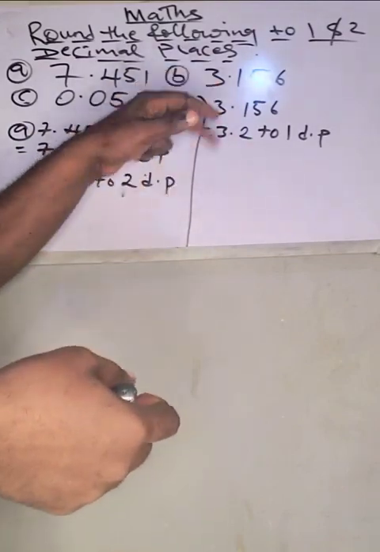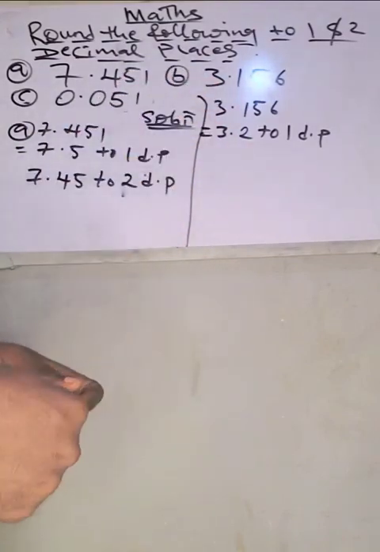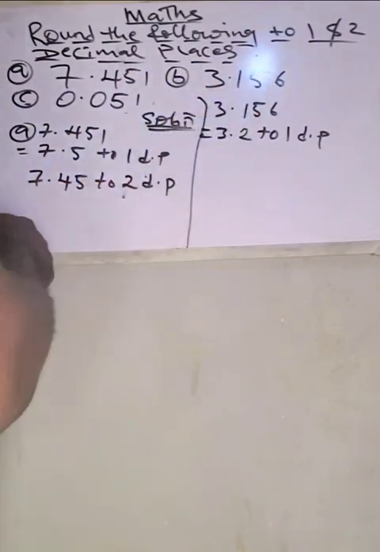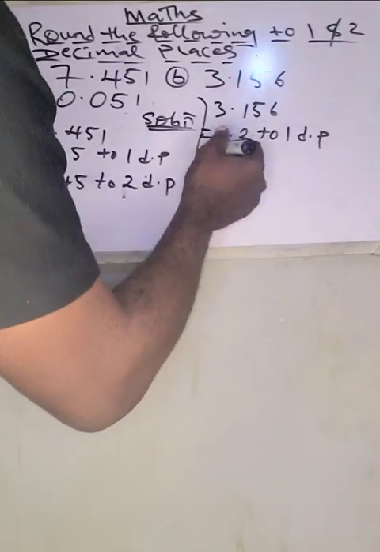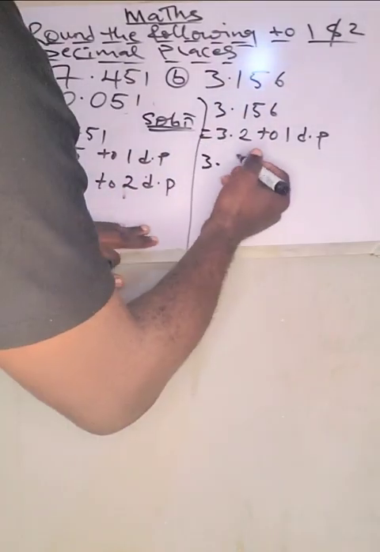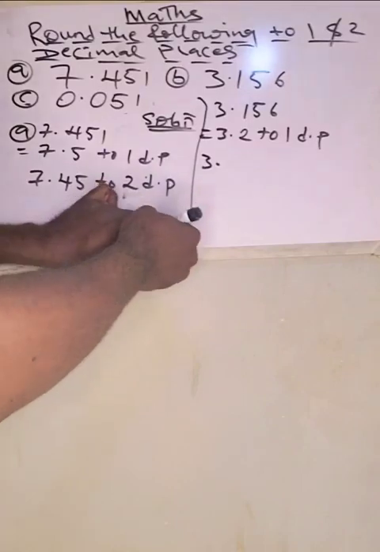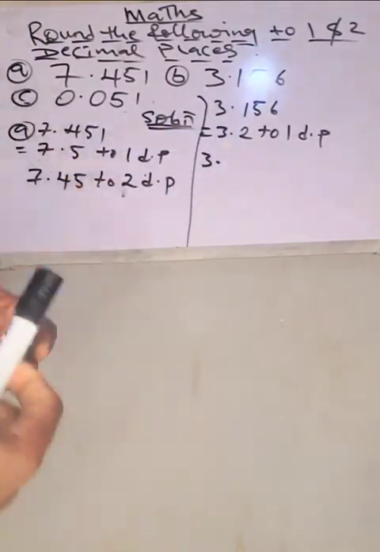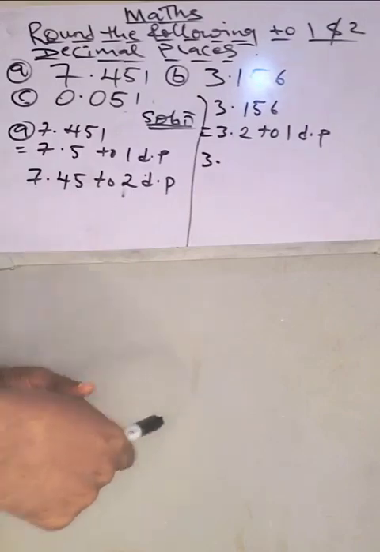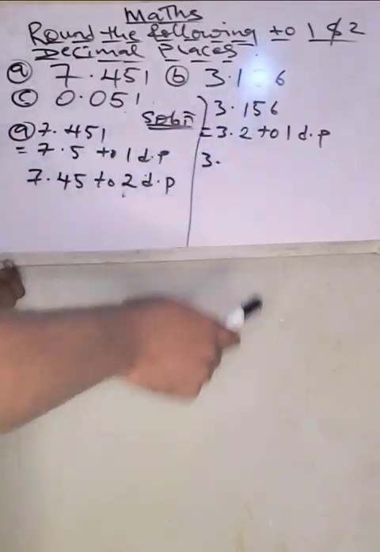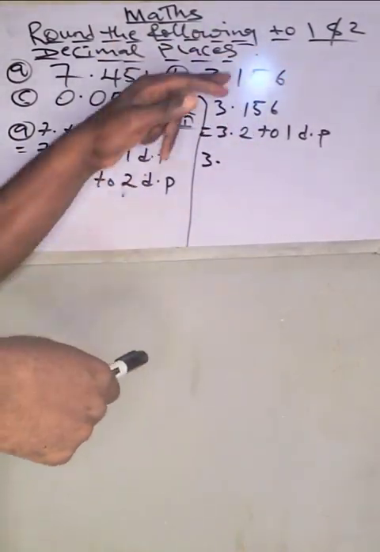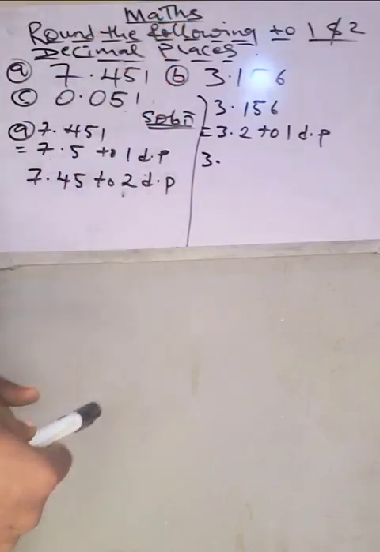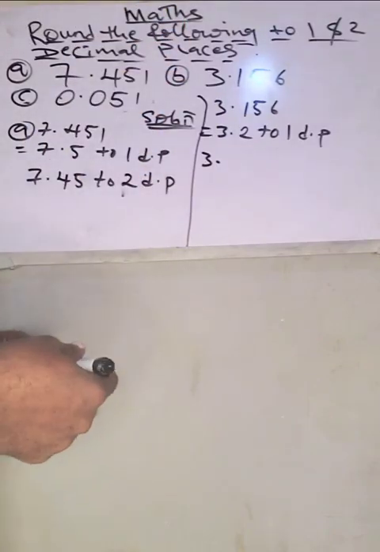Let's round it up to 2 decimal places. 3.156 to 2 decimal places. Our target is to have the first 2 digit numbers. The first 2 digit numbers after the decimal point are 15. Then if the last digit is up to 5, you round it up, 5 to make it 6. But if it is not up to 5, leave it like that.